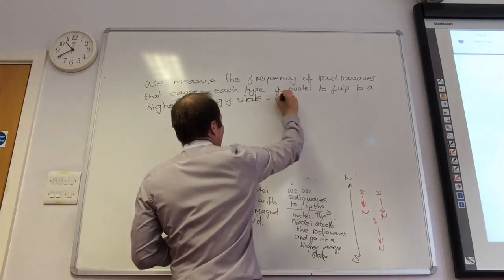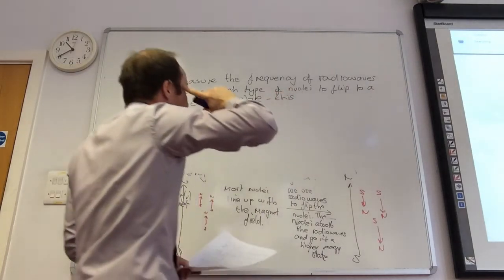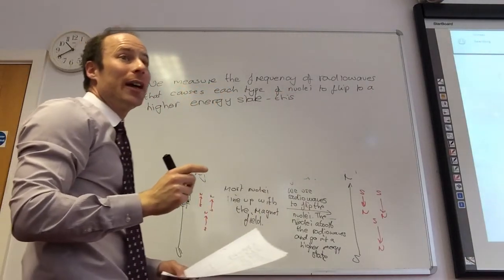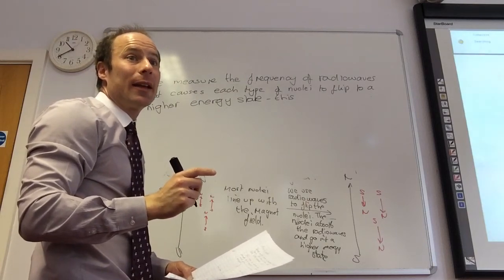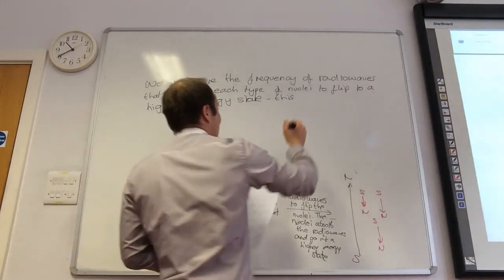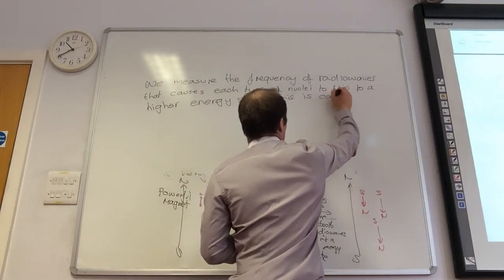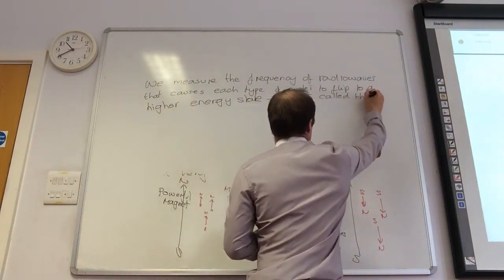Now, this frequency that we measure, which causes a flip, you know as the chemical shift. This is called the chemical shift.